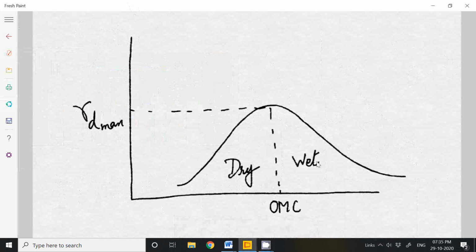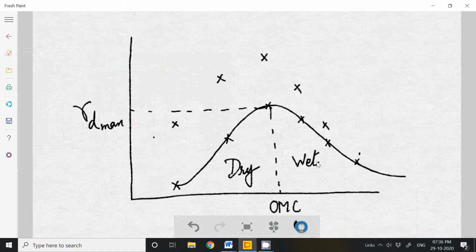So suppose this part, I am telling, this part might increase very high, like it can reach like this. And this part will also reach here, and this part reaches here, but this part on the wet side will not reach up to that level, it may reach up to here, and this part might reach up to here.